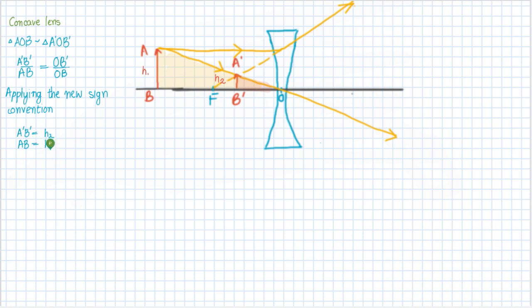Now consider your object distance. Your object distance will be OB. Your object distance is represented by small u. This object AB forms an image A dash B dash, which is at a distance OB dash from the center O. So this is your image distance represented by small v.